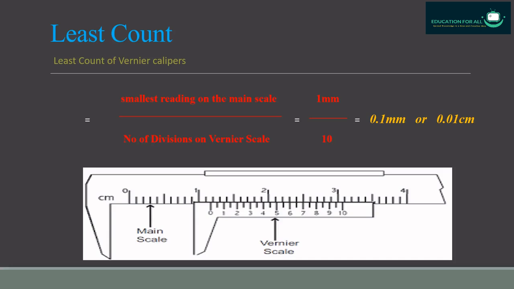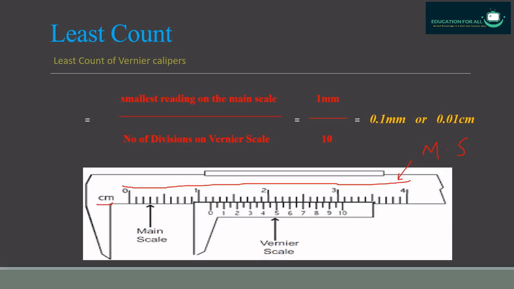As you see, I'm putting a line on the main scale. I am writing MS for main scale. You can see this main scale is in centimeters, from 0 to 1.